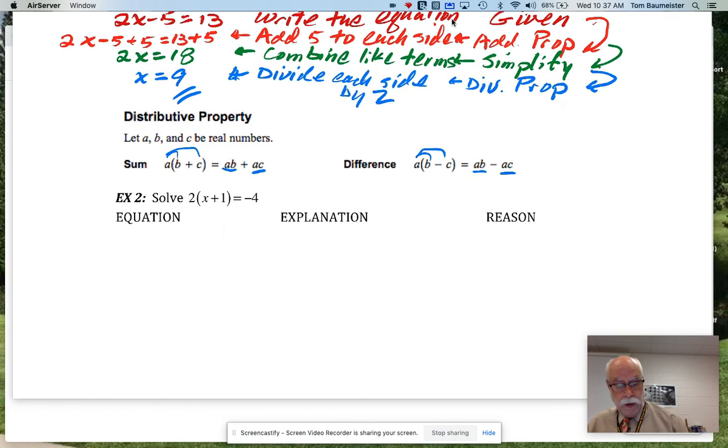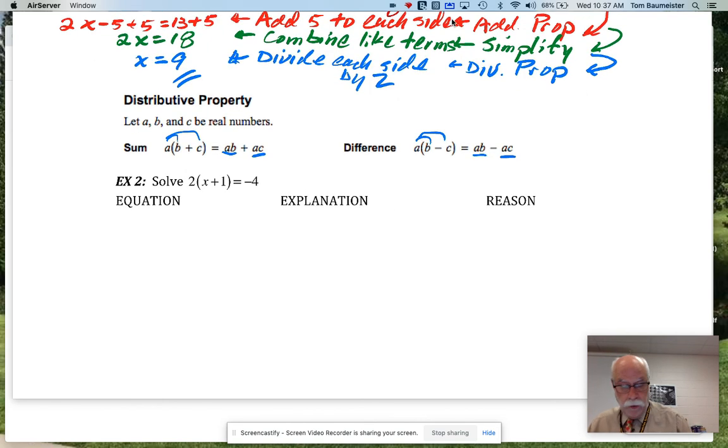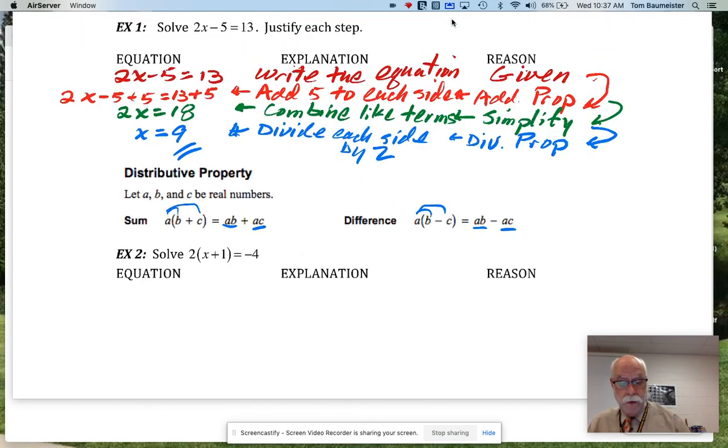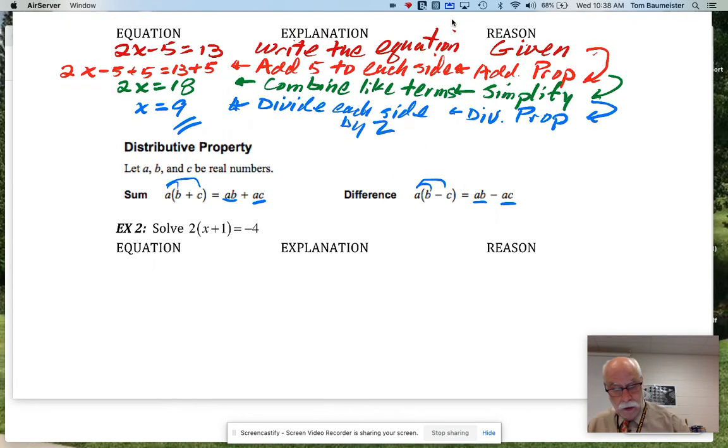Okay, so again, let's go ahead and do example 2 here. So what did we do on the first one there? We wrote the equation. So we're going to write 2 times x plus 1 is equal to negative 4. And again, our explanation is write the equation.